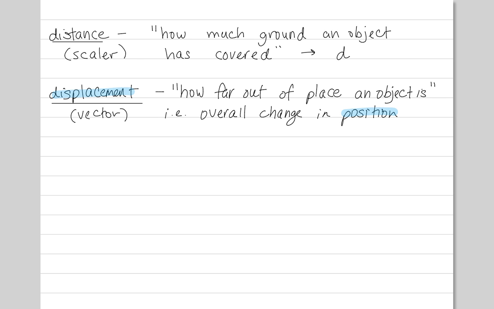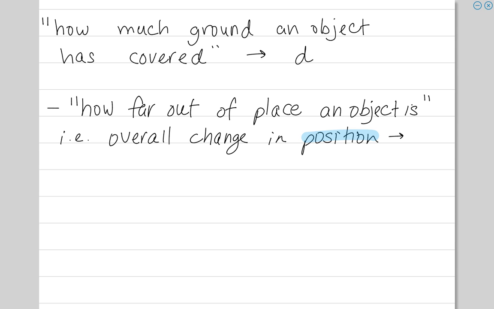Okay, and the symbol for displacement is also D, but we put a little arrow on top of it like this. That little arrow denotes vector. Okay, and I'll just write it on the whiteboard so you can see it clear. Like that.